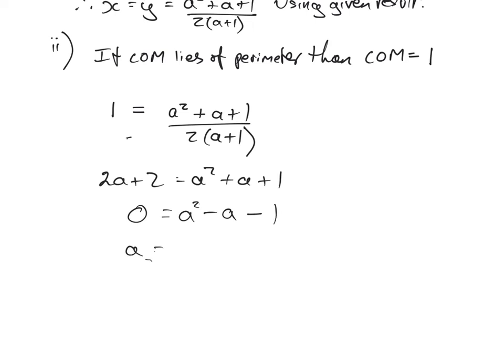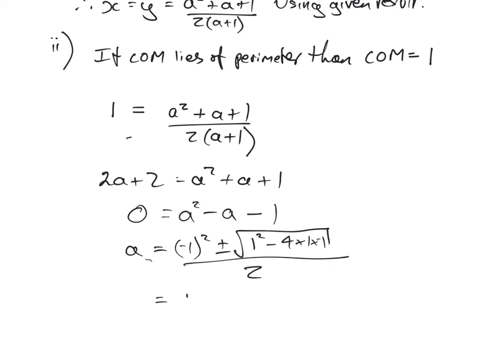So A equals minus B, which is minus minus 1, plus or minus the square root of B squared minus 4AC, all over 2A, equals 1 plus or minus the square root of 5 over 2.